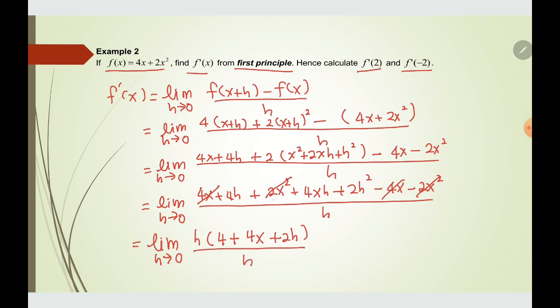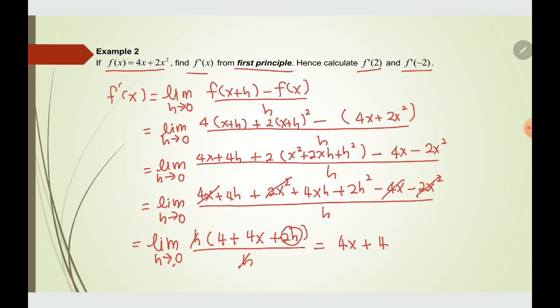Why do the terms that are left have h? Because we need to factorize it and divide by h here. Because we have 2h here, when you substitute h equals 0 into 2h, it becomes 0, so we have only 4x plus 4. So this is the result of the first principle.